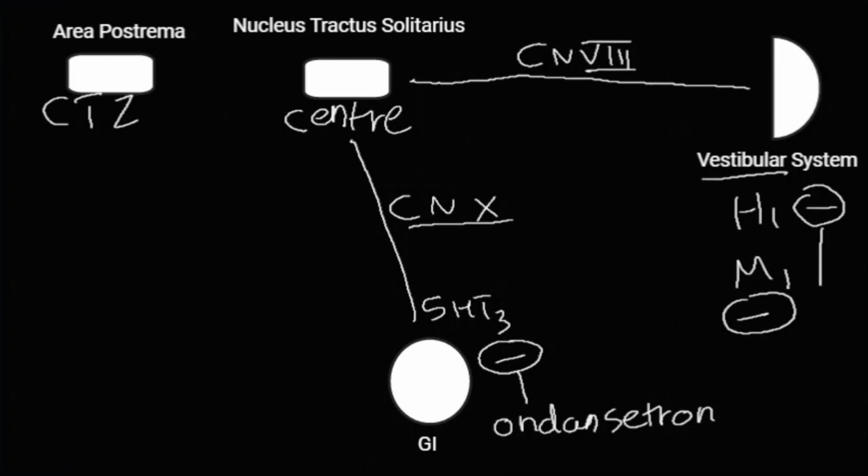All right? So what's going to inhibit the H1 receptor is actually the first generation antihistamine drugs. All right? Examples of these are diphenhydramine and meclizine. I'm not going to write them here because I don't have enough space, but I'm sure you remember.